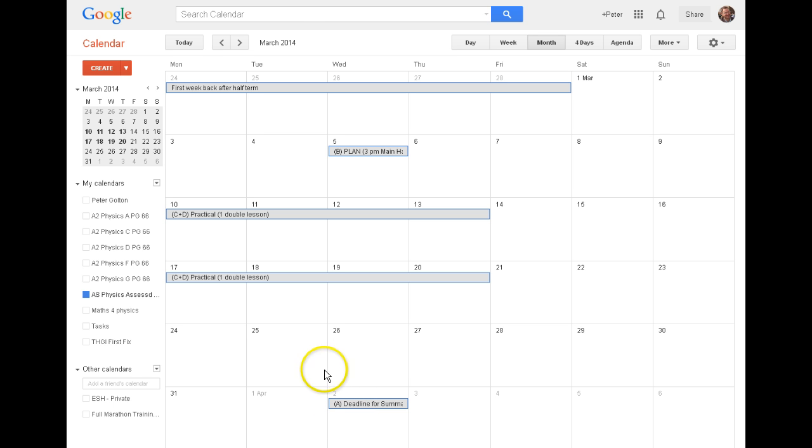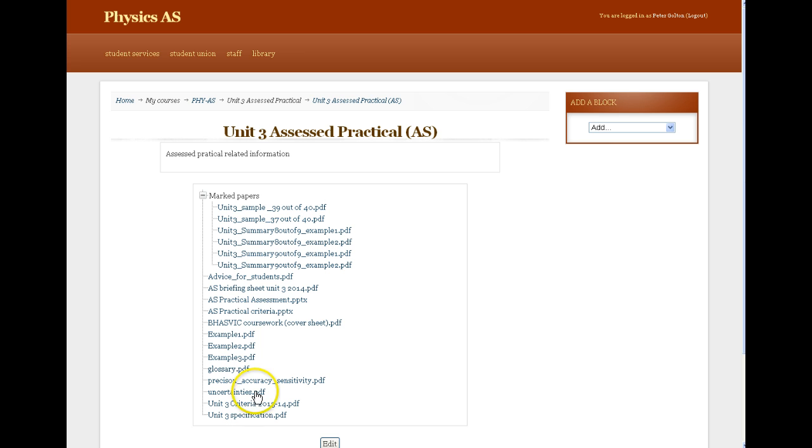Now, a useful place to go to find information is the AS Physics VLE, and there is a unit section on the Unit 3 VLE page dedicated to the Assess practical, and in that folder you will find a number of samples of work that have been scanned.